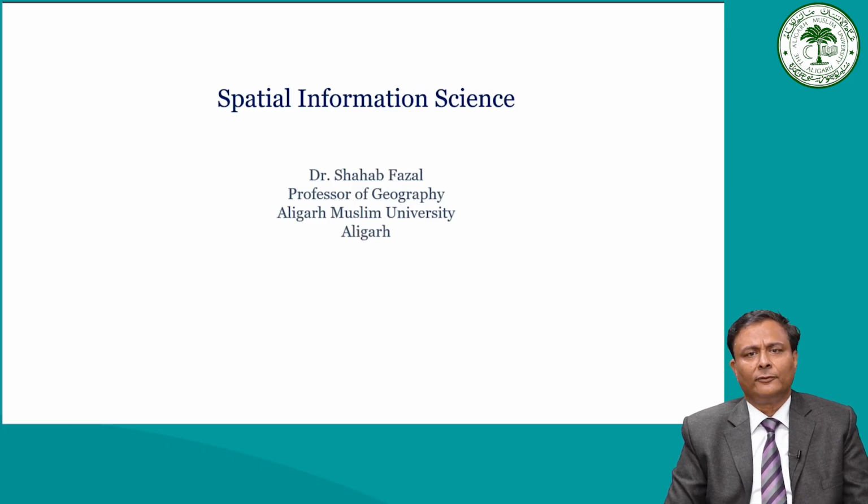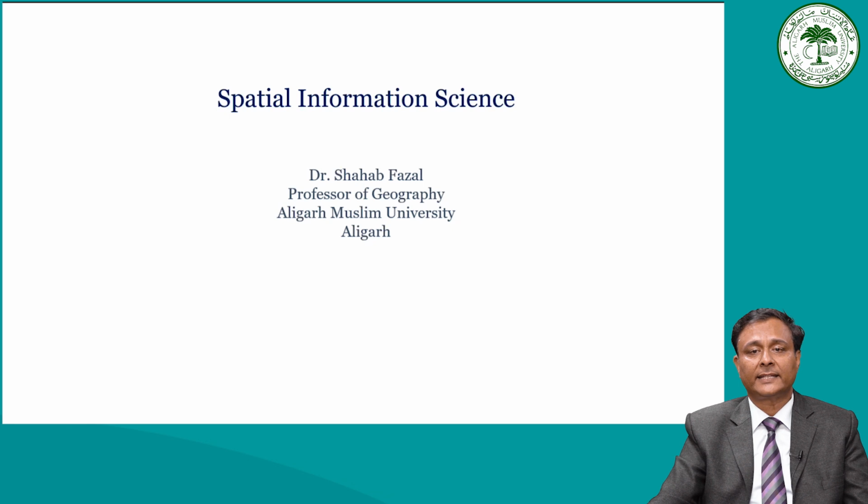So in this section, we would discuss spatial information science, data acquisition, accuracy, precision, and errors. It's an interesting aspect of spatial information as we are dealing with digital data. These characteristics of digital data, where we would be importing the data from different sources, that is data acquisition.